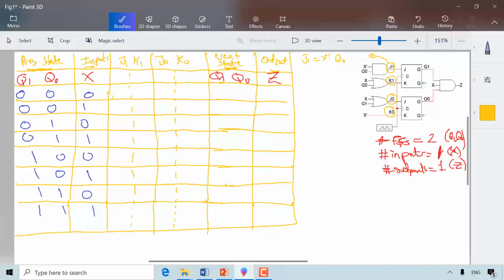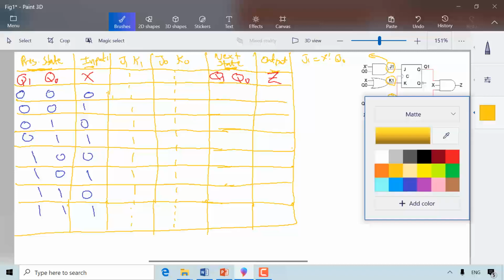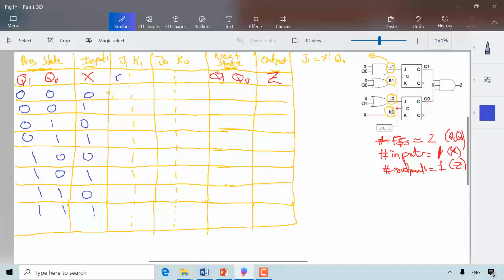Okay, and so in fact, I can come to the table here and say, how can I find out the value of J1? It is when Q0 and X prime are ones. So if you look at it, you will find that the values here will be, so this is J1, K1, J0, K0. I need to align my inputs here.